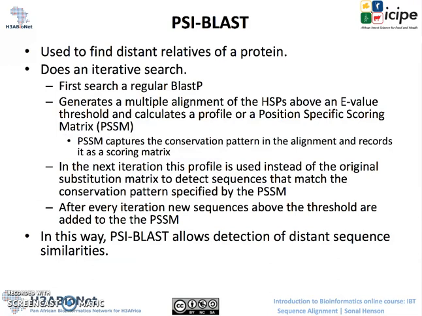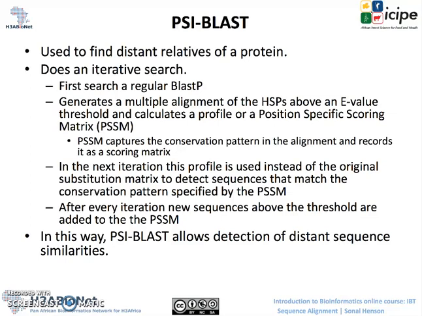So I mentioned PSI-BLAST in the previous slide. What is it and what does it do? Position-specific iterative BLAST, or PSI-BLAST, is a very useful tool for finding distant relatives of a protein. It allows the user to iteratively build a PSSM, or a position-specific scoring matrix.